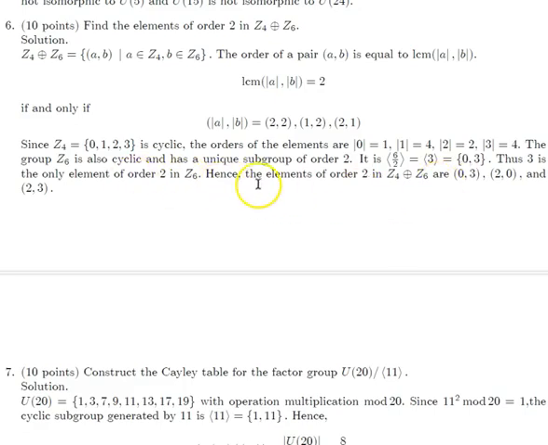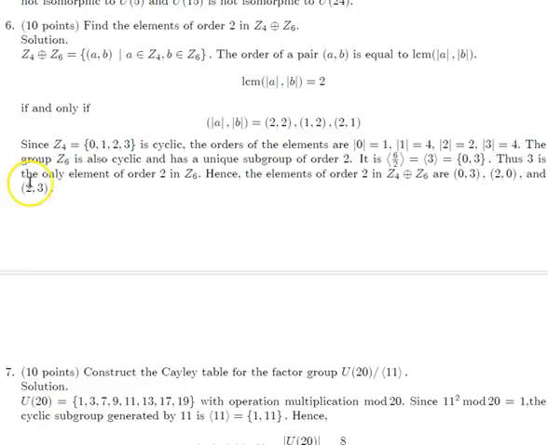So the elements of order 2 in this external direct product are these pairs: (2, 3), (0, 3), and (2, 0).